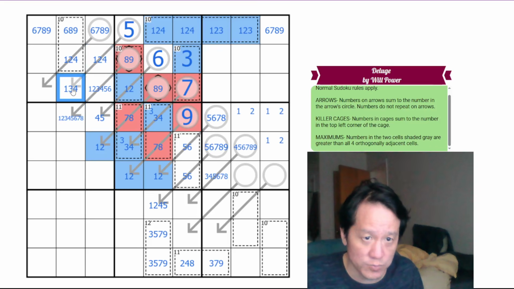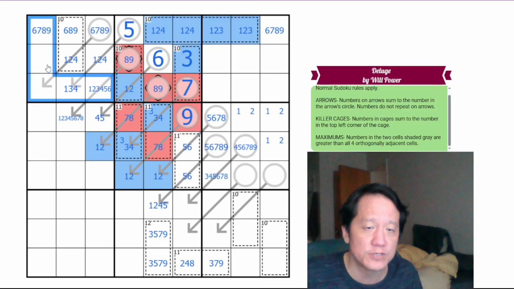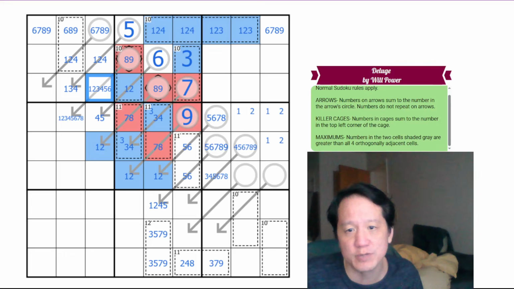So if this is 1, 4 as a pair, this is 2. That means 2 can't appear in the rest of this box. Otherwise, this is 2, 3, which means 2 can't appear in the rest of this box. This can never be 2 here.